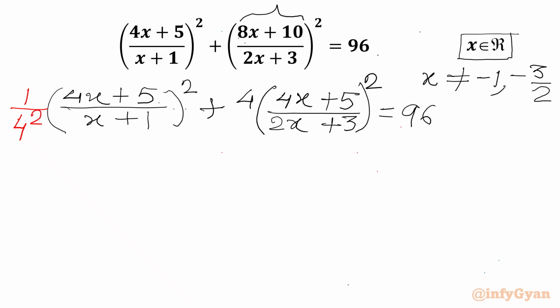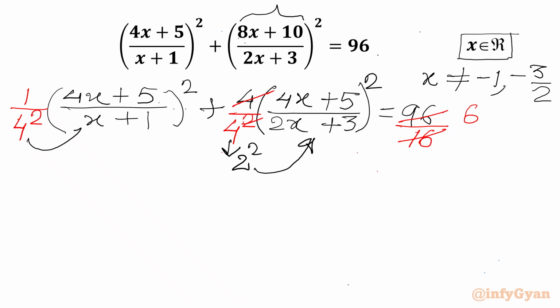square both sides. So I will write here in the denominator 4 square. Here we can write 4 square as 16. So RHS will give us 6. In LHS I will cancel this 4 with 1 power, and this 4 we can write as 2 square. So I can multiply this 2 into the bracket. And here I will take 4 into the bracket.